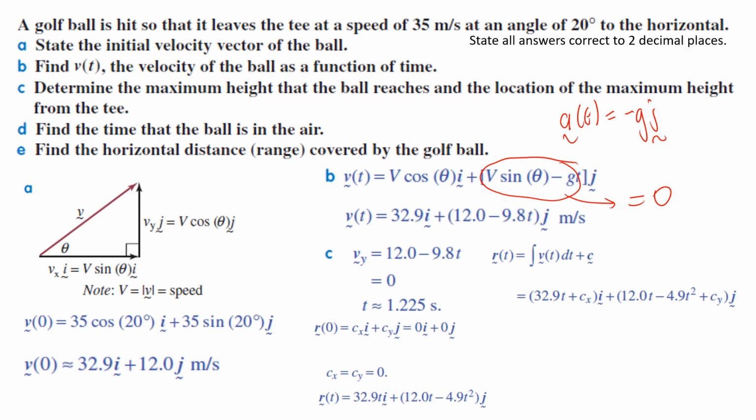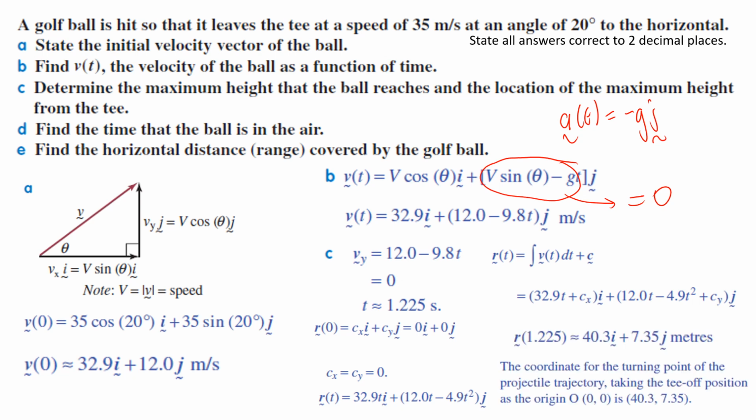Appreciating that the point of projection is at the origin, we come up with our generalized rule for a position vector function, approximated to 1 decimal place, as you can see there. Then we plug 1.225 into those two components, and we get both its maximum height of 7.35 and the horizontal distance from the point of projection of 40.3.